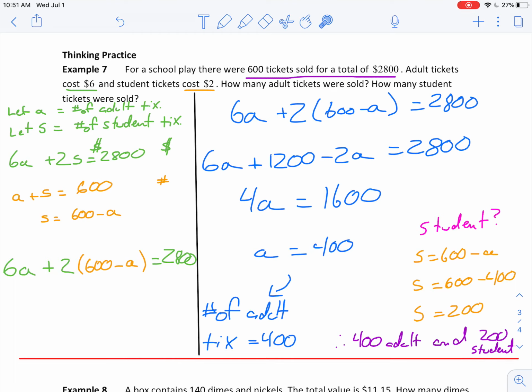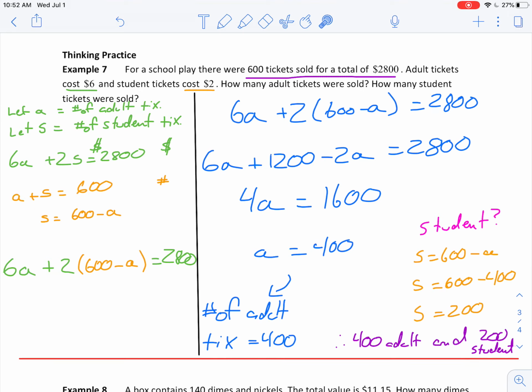Well, I can't solve this equation because I have 2 variables. But if I know that adult tickets and student tickets sold were 600 total, I can isolate a variable here.